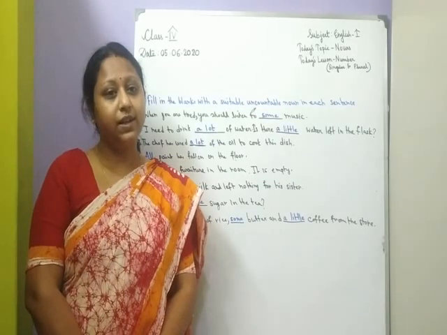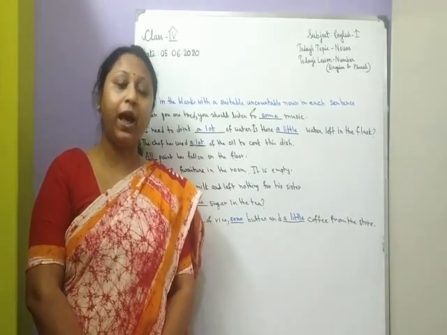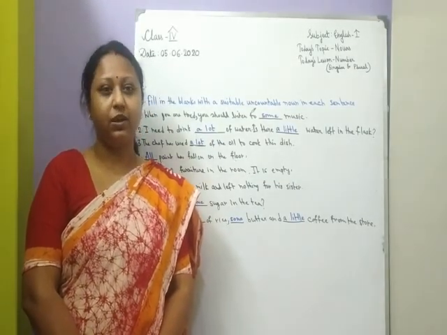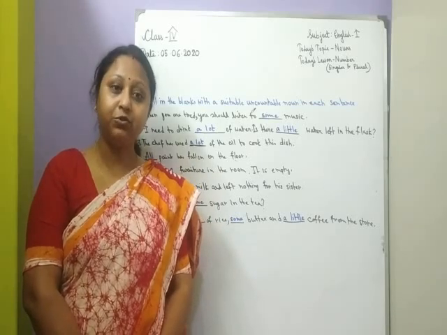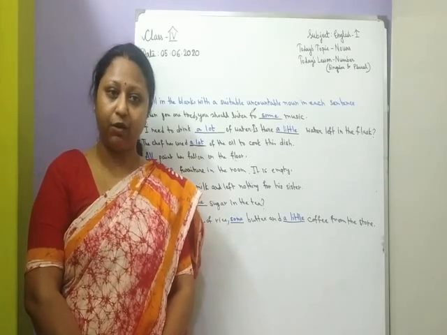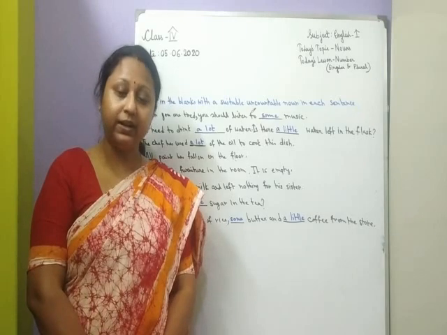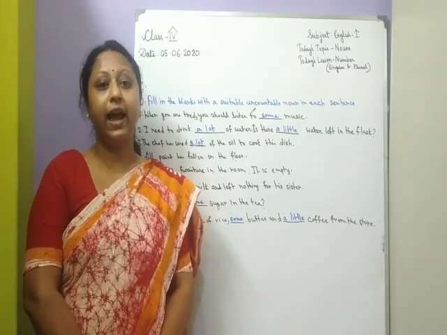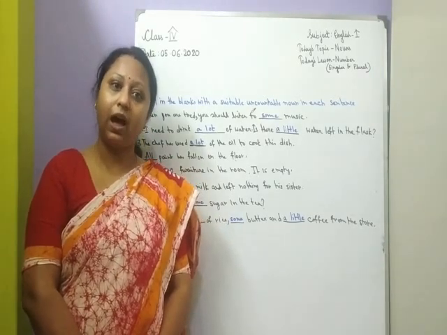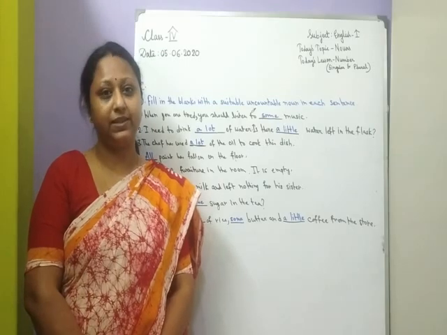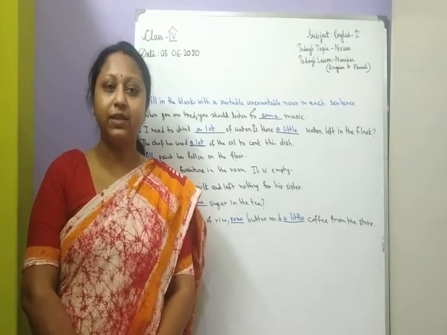Children, I have already told you about uncountable nouns. Nouns that cannot be counted are called uncountable nouns. Now, in this regard, you must remember that most of the uncountable nouns do not have plurals. Let me give you some examples.